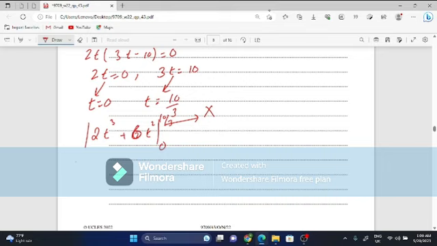When you plug, it gives you 2 times 10 by 3 whole cube plus 6 times 10 by 3 whole square, minus 0, that will die out. So solve this one, and your answer will be 3800 divided by 27. This is for particle x, so I just marked it as sx.